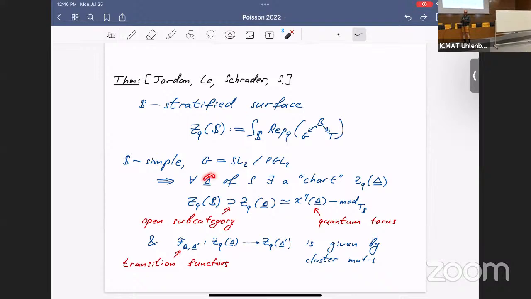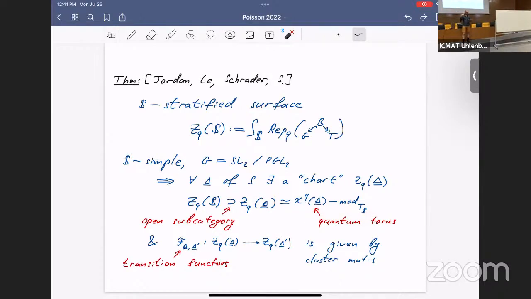Then each triangulation of our surface will give us a chart. Now, what's a chart in this categorical setup? A chart is just some open subcategory, which is actually equivalent to modules over some quantum torus. The way you should think about it is, the action of G on our variety is not free, but I can consider some open chart on our variety on which the action is free, and I hook up a category of modules over this quotient of the chart mod G. So that's that thing here.